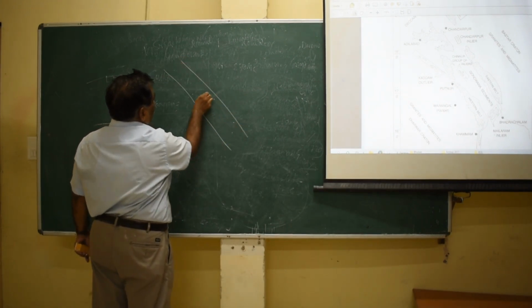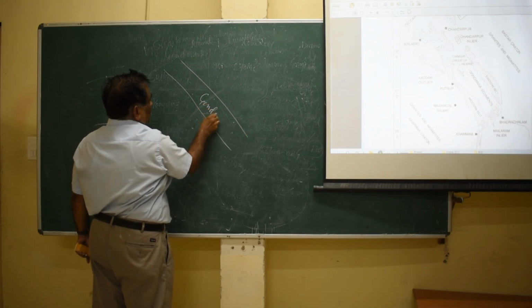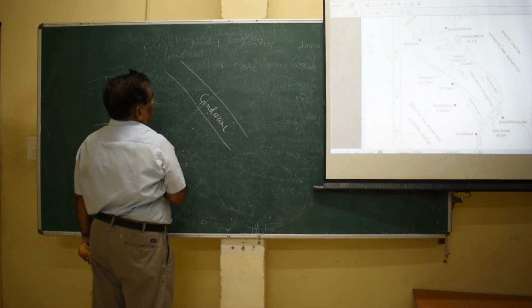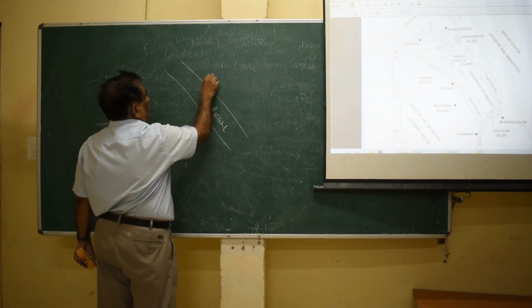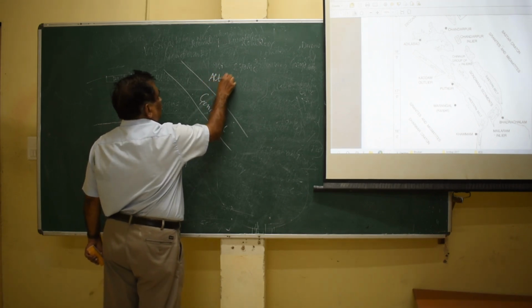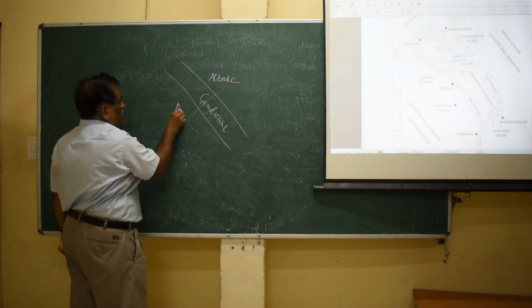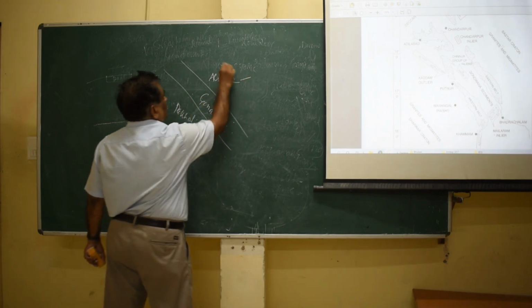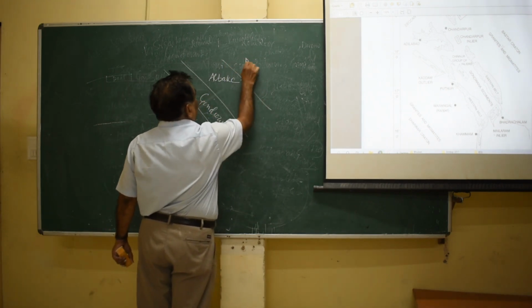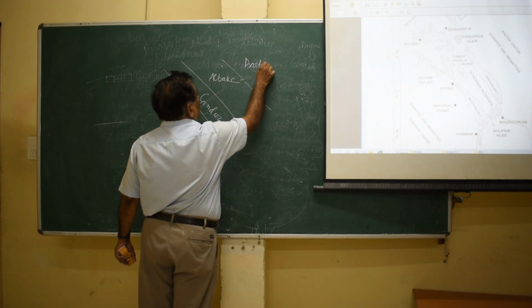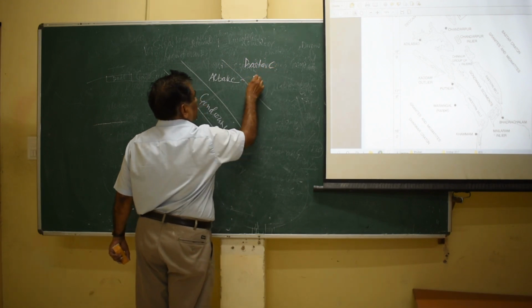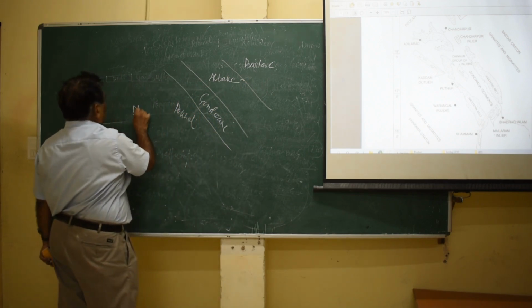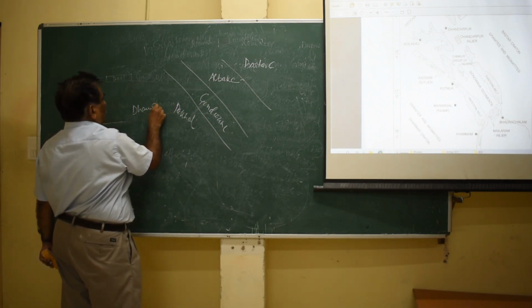Here is Gondwana, and this side you have Albaka. This side is Pakhal. This side is your Bastar craton, and this side is your Dharwar craton.